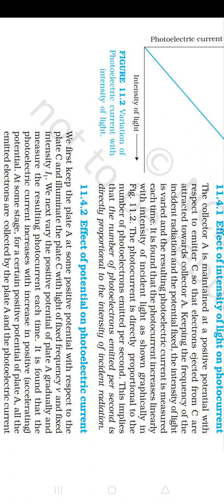It is found that photocurrent increases linearly with intensity of incident radiation as shown graphically in figure 11.2. The photocurrent is directly proportional to the number of photoelectrons emitted per second. This implies that the number of photoelectrons emitted per second is directly proportional to intensity of incident radiation.